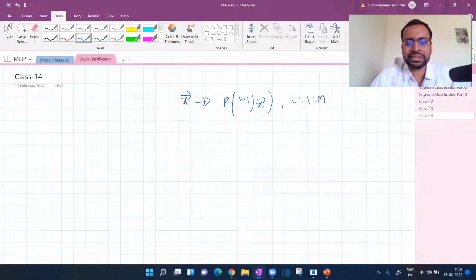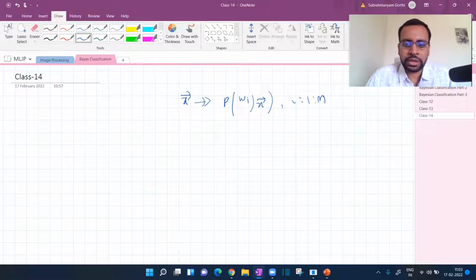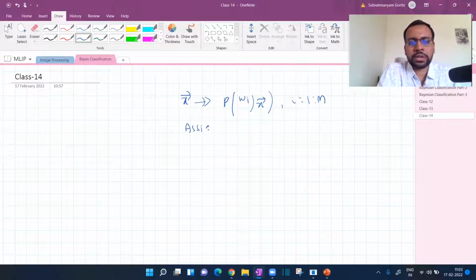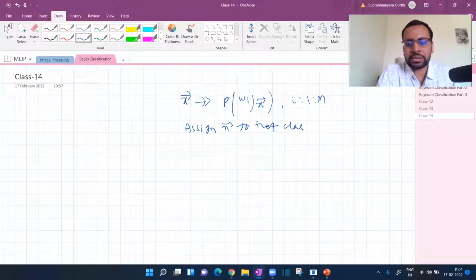Let's say there are m classes, and eventually you assign x bar to the class that has the maximum a posteriori probability.